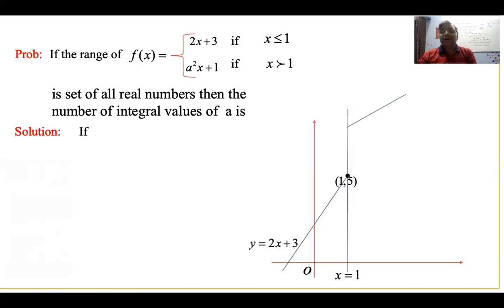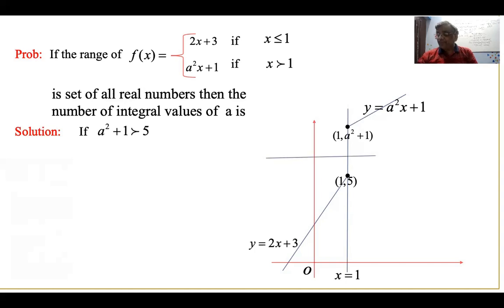Suppose the right side piece is like this line, that is y is equal to a square x plus 1, like this. The left side piece meets the line x is equal to 1 at the point 1 comma 5. Suppose the right side piece starts from above, then you can imagine one line like this in between 1 comma 5 and 1 comma a square plus 1.